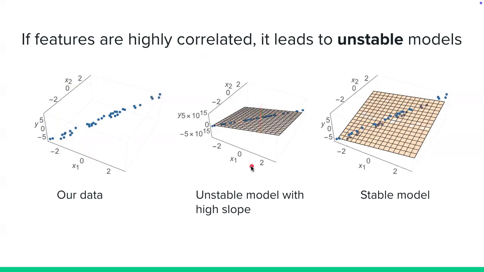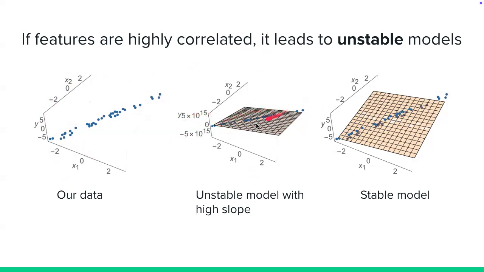So this is an example where we have an unstable model, and you can see these two numbers, negative 5 times 10 to the power 15 and 5 times 10 to the power 15.